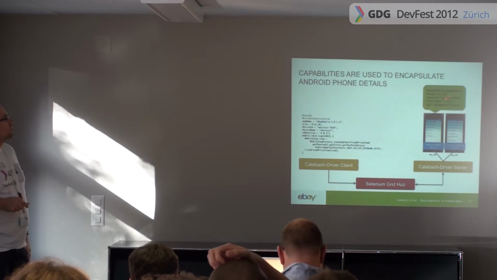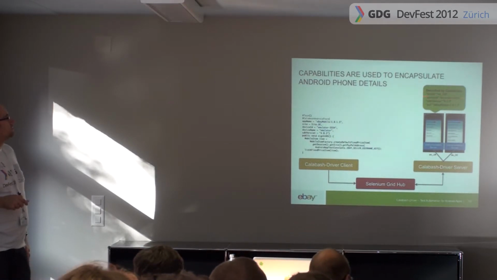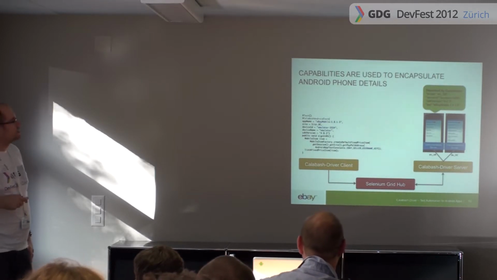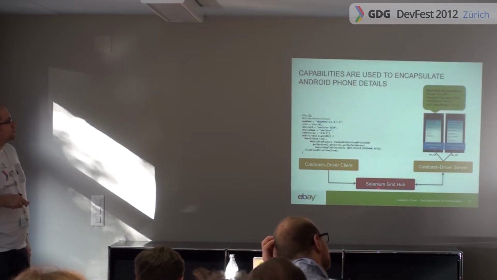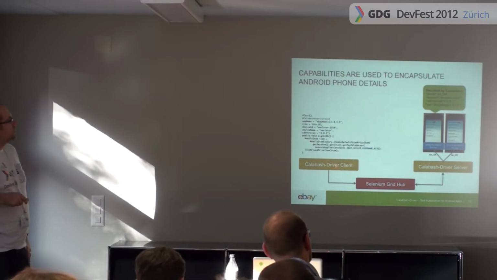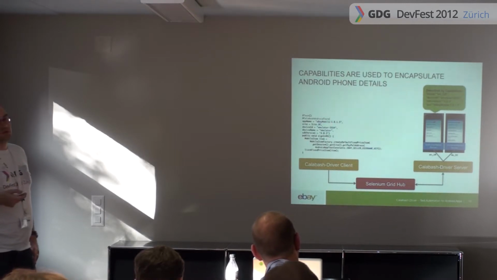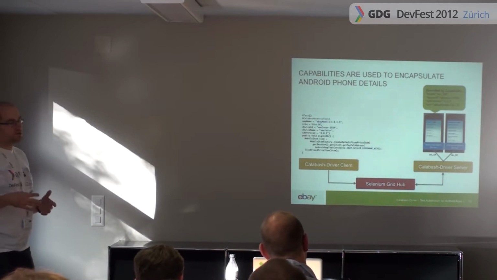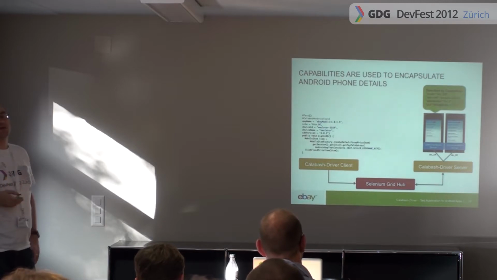Here, for example, you have the locale for UK, a special device ID, SDK version, and what kind of app you would like to test. With this information, the nodes are registered in the Selenium Grid Hub. When you write your test, you specify what kind of desired capabilities you would like to have. Then the Selenium Grid Hub is responsible for matching this and rerouting the requests.